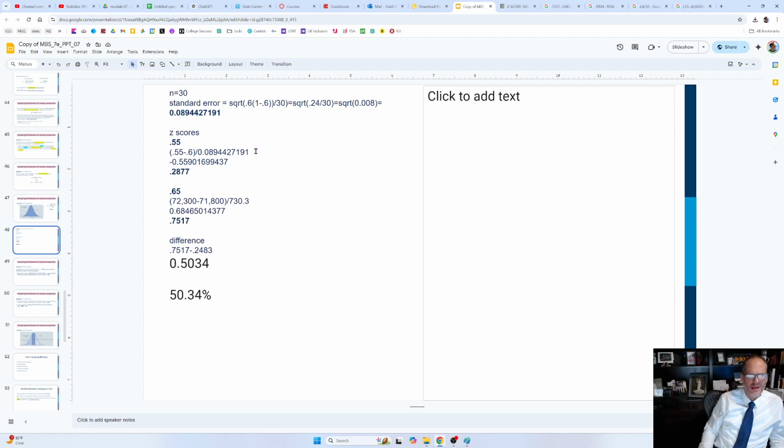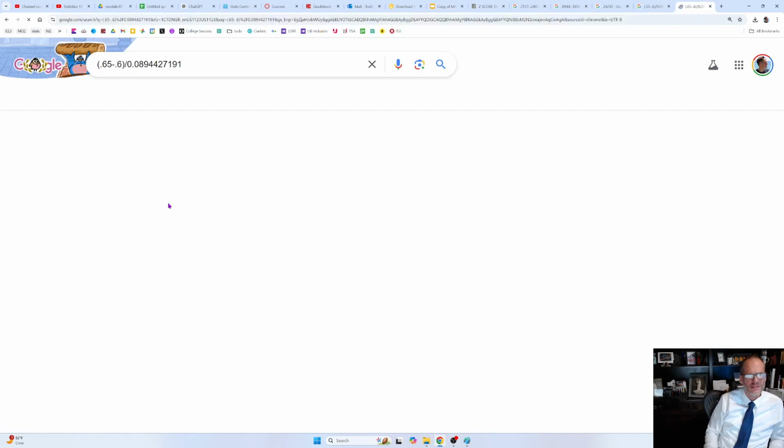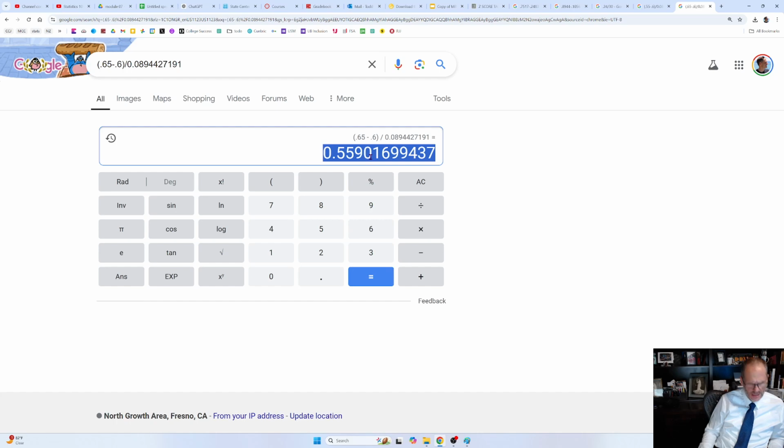To do the same calculation here, I could just copy all this and put that there, and I'll make this 0.65 because we're on the other side. I'll copy that up here and paste it in, and we get this.